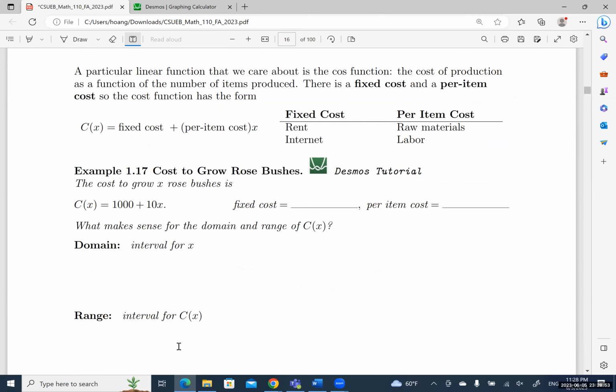I would like to show you a particular linear function that we care about, which is the cost function. And this typo here is supposed to say cost function.